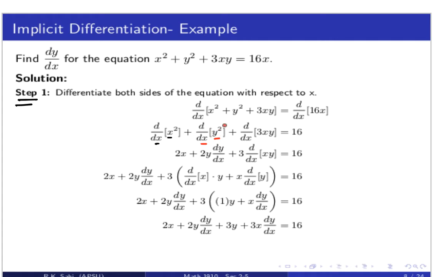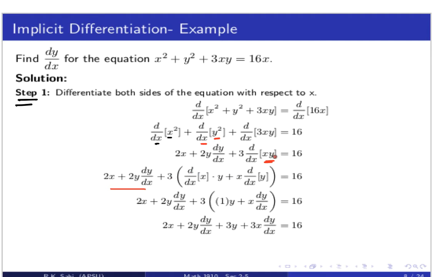So do the normal 2 times y times the differential of y with respect to x. Now, the third term, d dx of 3xy, is a constant multiplied to a product of two terms. We're going to take the 3 out, and then look at the differential of x with y. So the first two terms just remain the same, and now we're going to apply the product rule here.